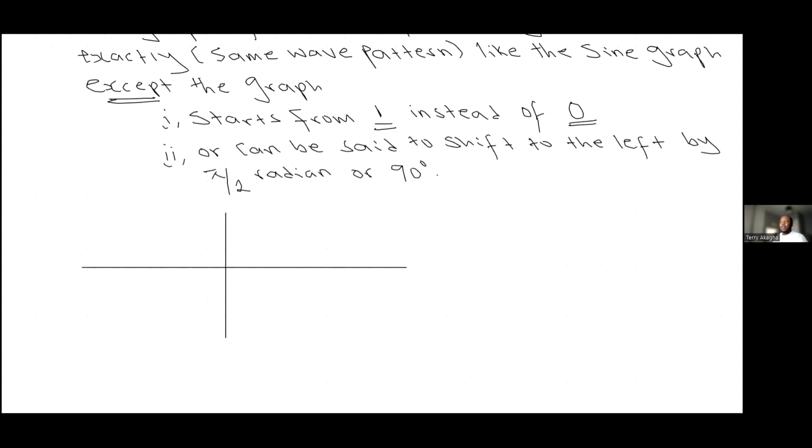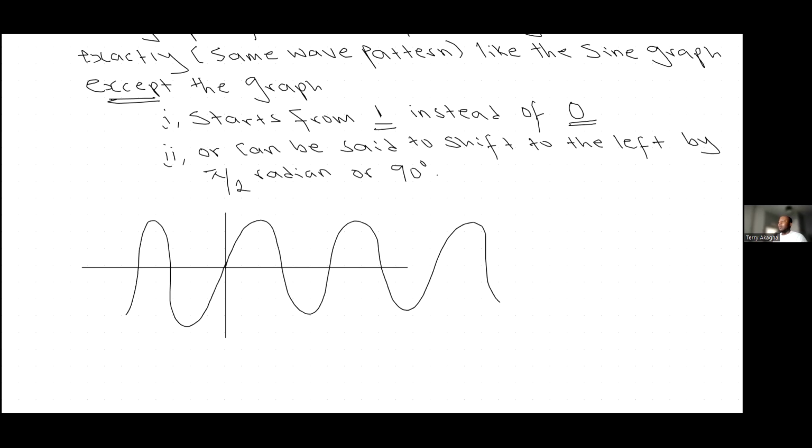Normally if it was a sine graph, we start from the origin. It would be like this to infinity, then like this to infinity.